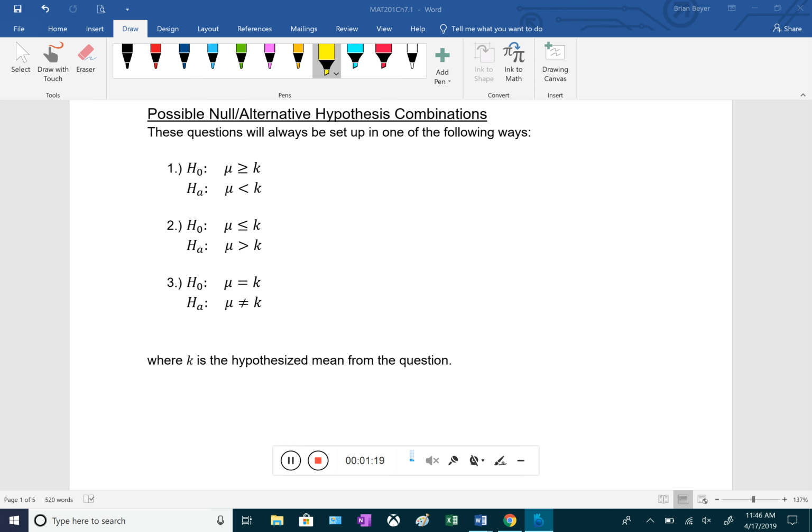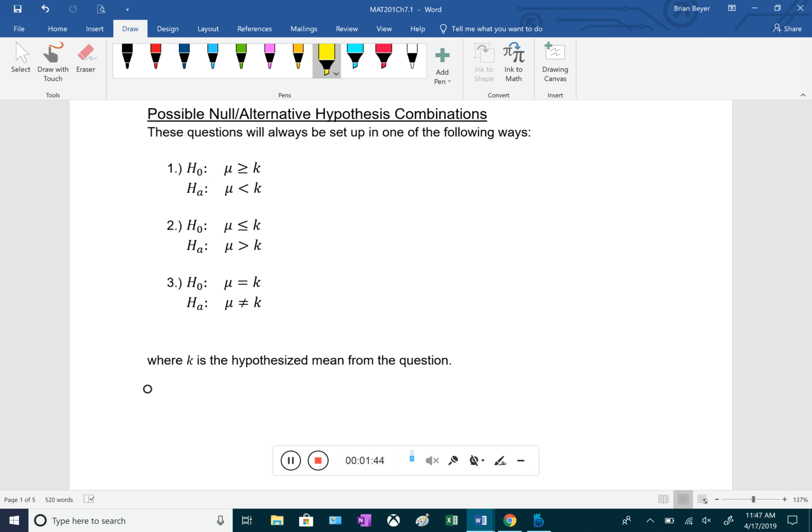The k value here that's going to be in all of these is the hypothesized mean. It's going to be the number from the question that we're doing. The first setup is for the null: we can have the mean is greater than or equal to the value from the problem, and if that's the case, the alternative has to be the opposite.